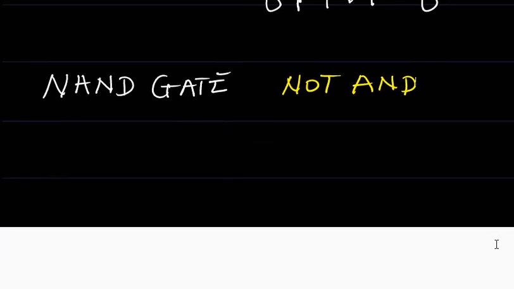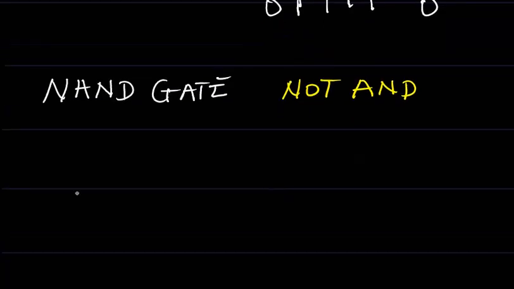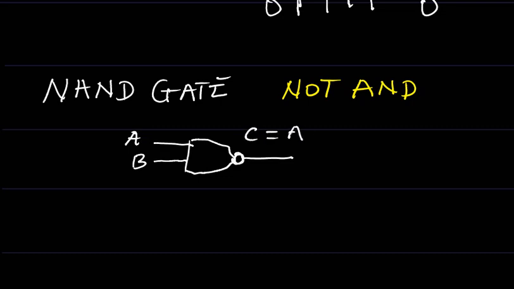In this case, we draw the symbol of the AND gate, but we give it a bubble at the output. Inputs A and B, then output C is A dot B, but the output is complemented.